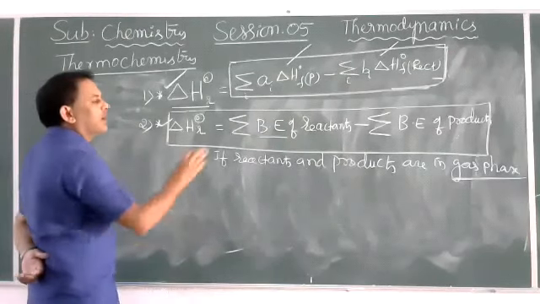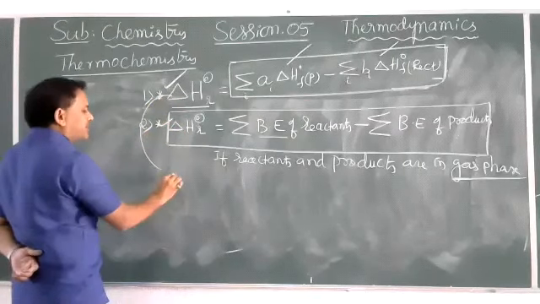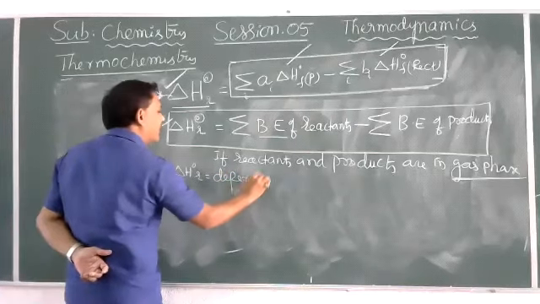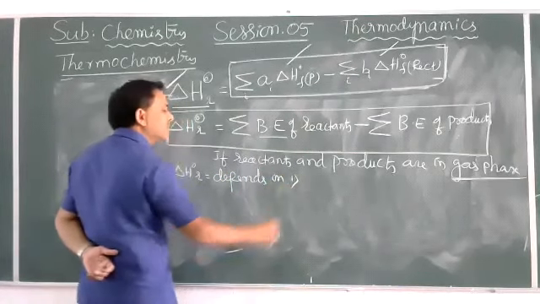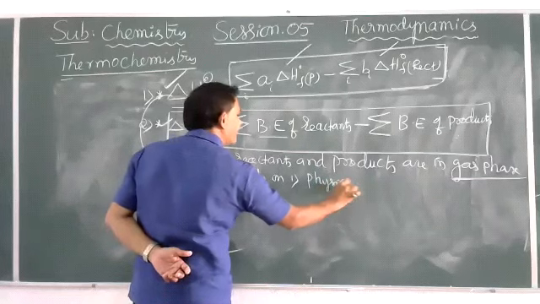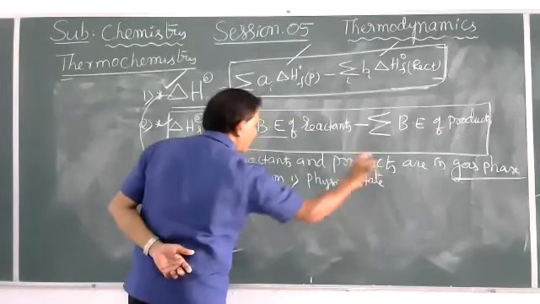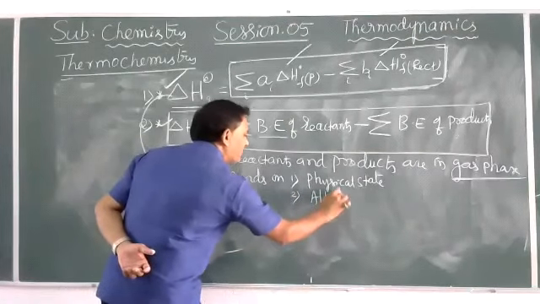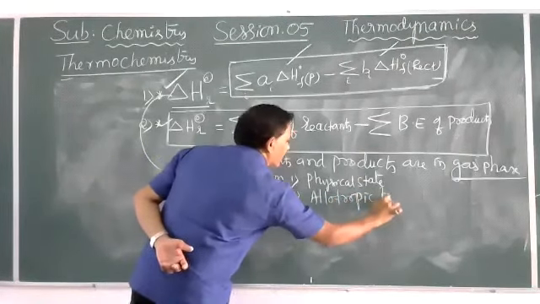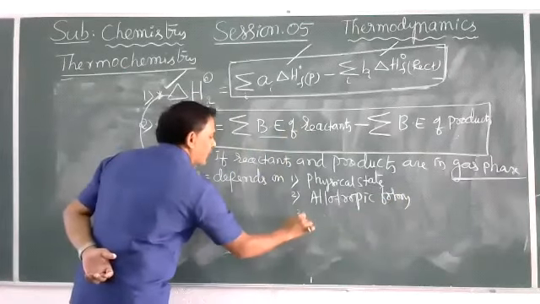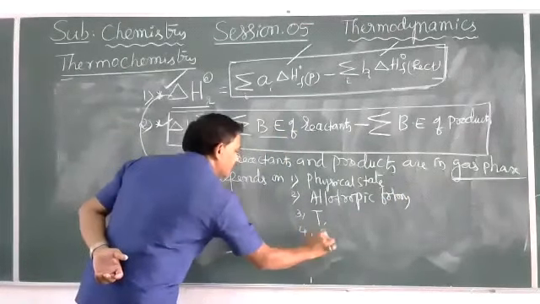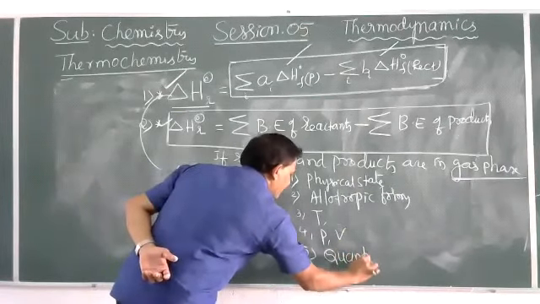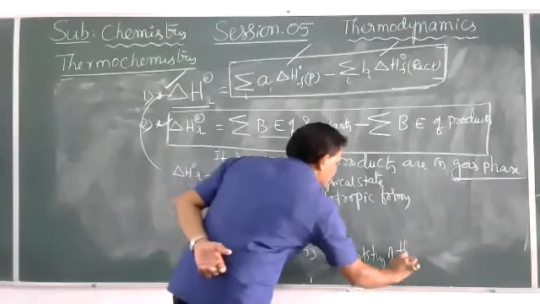Clear? Here, this enthalpy of reaction, delta H naught R, depends on: one, the physical state of reactants and products; second, allotropic forms; third, temperature; fourth, pressure and volume; fifth, quantity of the substances.